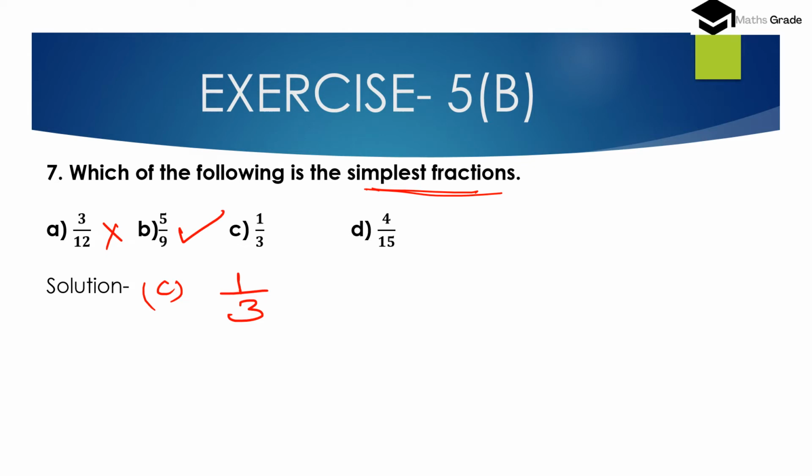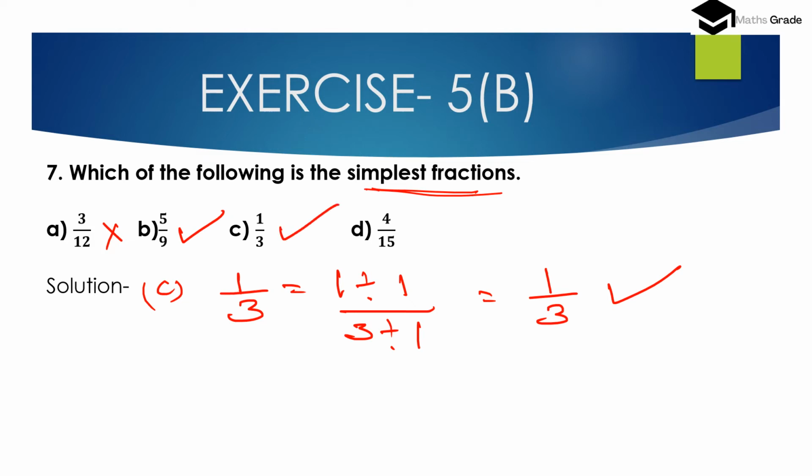So we have to divide the numerator 1 and the denominator 3 by the highest common factor 1. So it is 1/3. So 1/3 is in the simplest form.